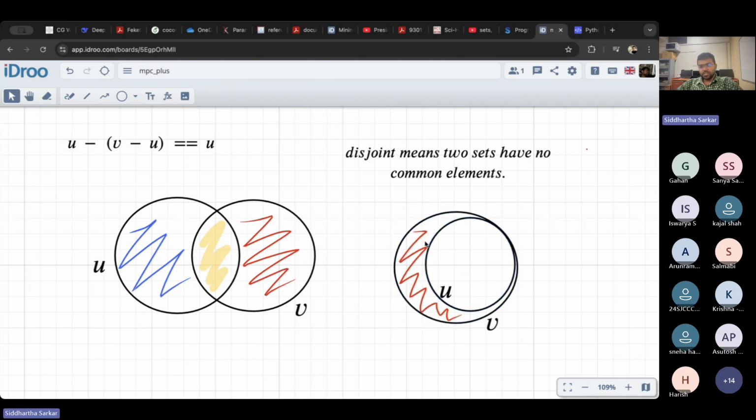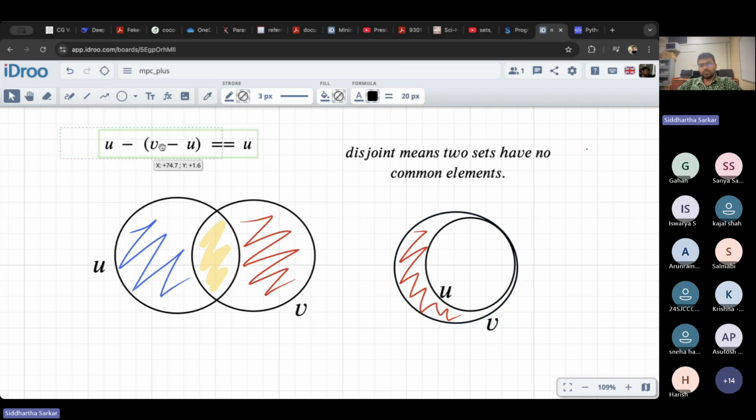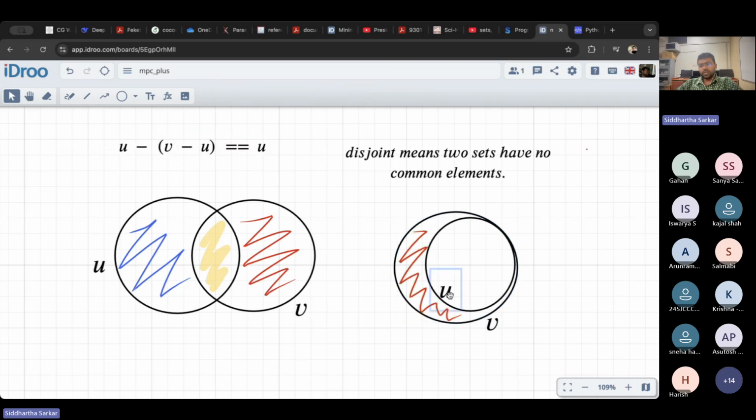So this part, now you consider this once again. So U minus this red part doesn't affect U at all.